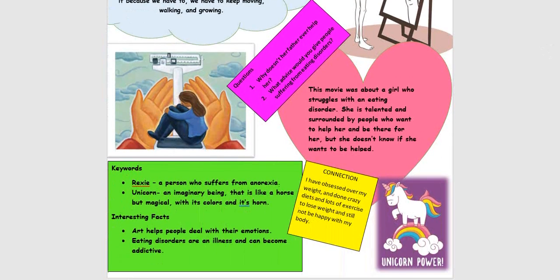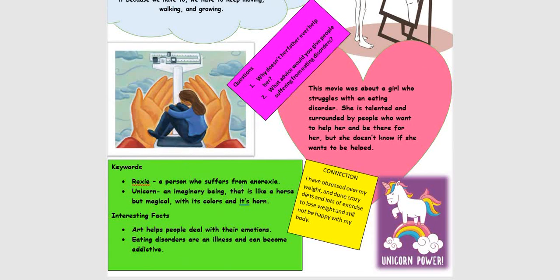It also includes 2 keywords that are important in the movie, 2 interesting facts that I learned after having watched the movie, the images that represent the keywords that illustrate their meaning, and last but not least, the personal connection, how I connected with the movie or the piece of literature or the information.